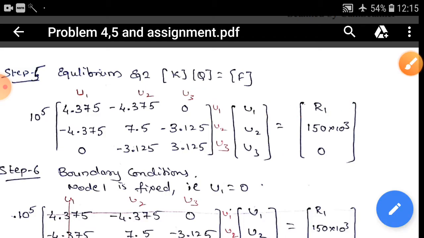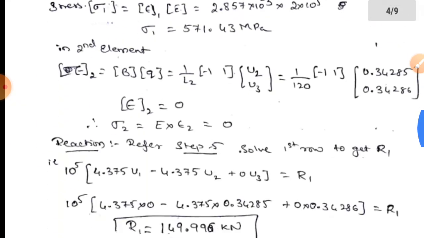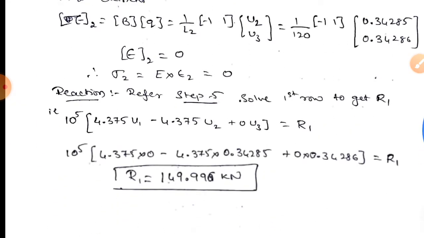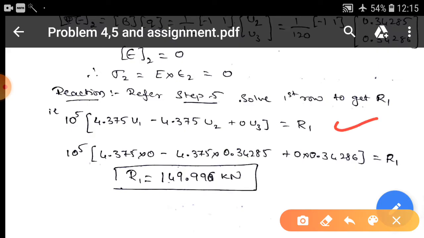That is 4.375 into u1 minus 4.375 u2, 0 u3 gives us R1, with 10 raised to 5 outside. Solve it and you'll get 149.996 kilonewton.